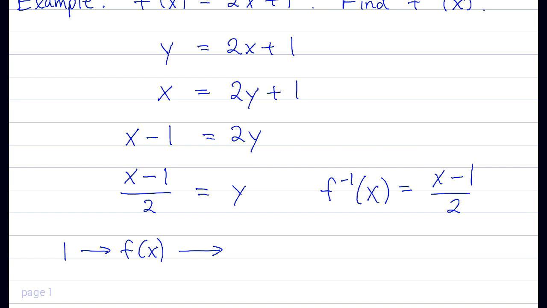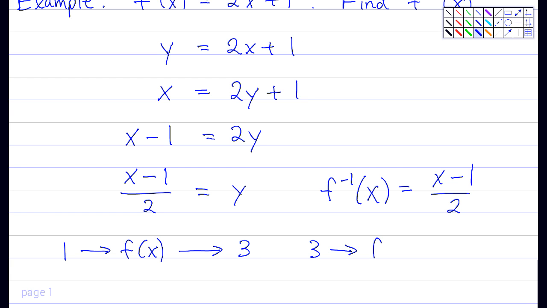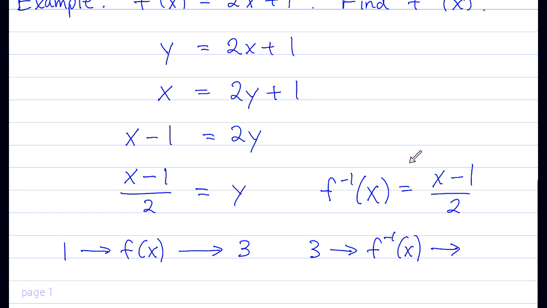I get 2 times 1 plus 1, I get 3. Well, let's take 3 and put it into f inverse of x and see what I get. Here's f inverse of x, x minus 1 over 2. Well, that's 3 minus 1, which is 2, divided by 2, and I get 1.